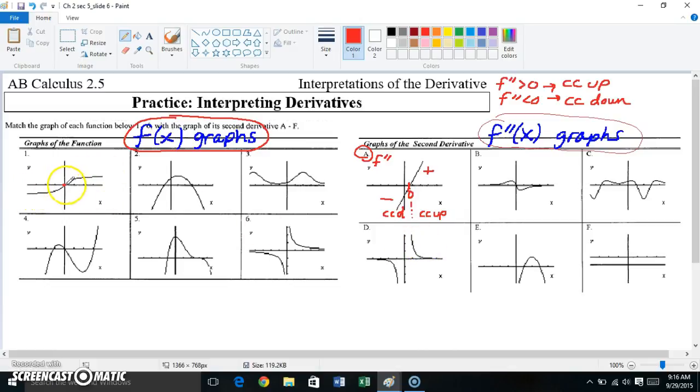It also splits at 0. The second graph is concave down and then concave up. I'm thinking that we're probably going to be at that graph. I don't know. Maybe not. It could be, although the 0 is in a little bit different spot.